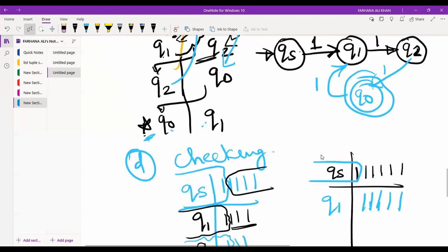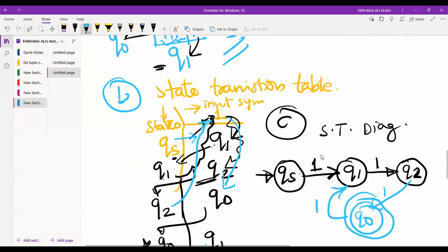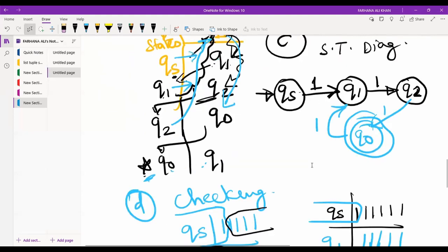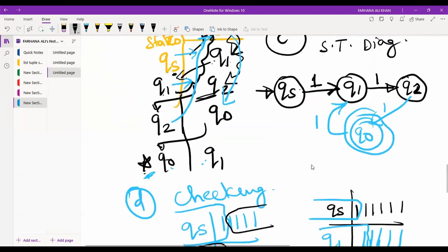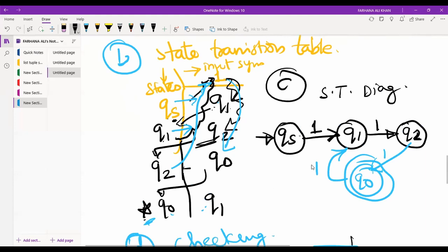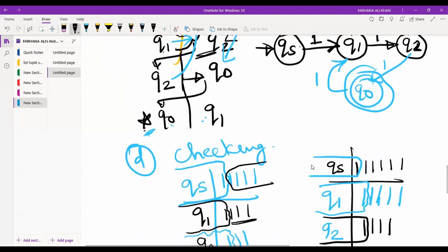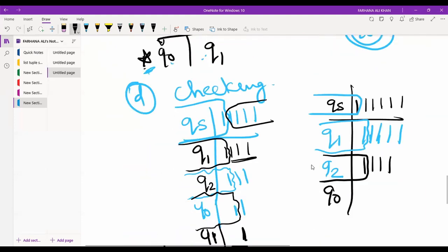Now Q1 on 1 goes to Q2. The remaining string is 4 occurrences of 1. Now Q2 on 1, where is it going? Q2 on 1 goes to Q0, so we write Q0 here. The remaining string is 3 occurrences of 1.